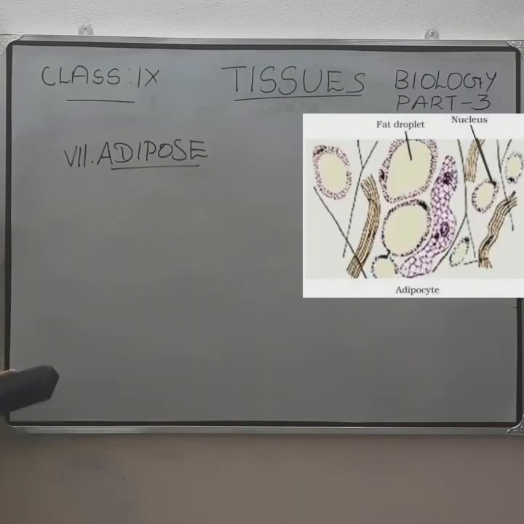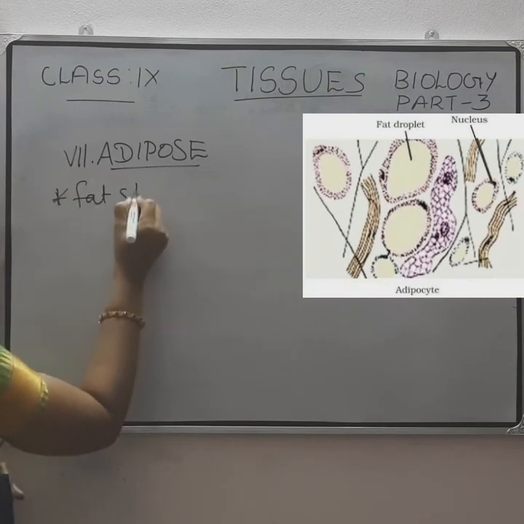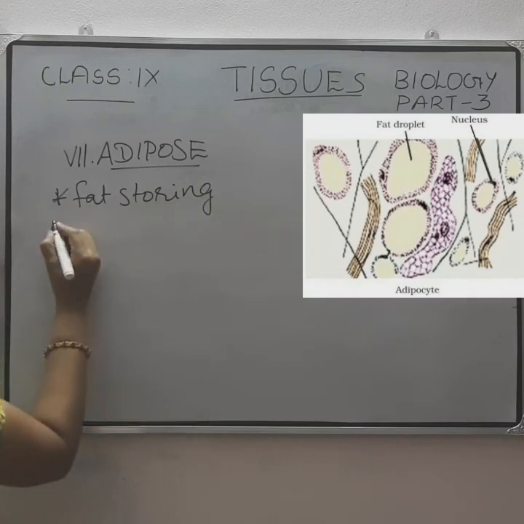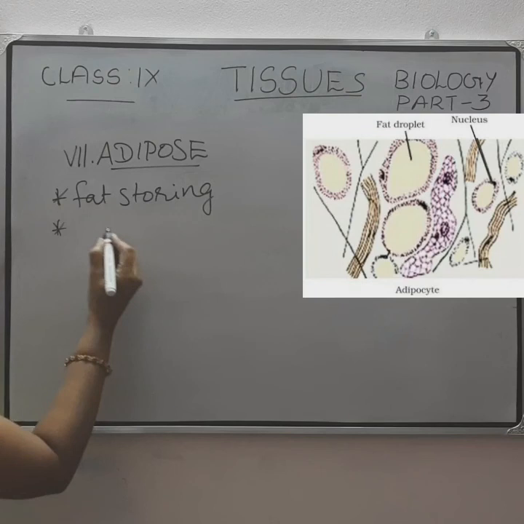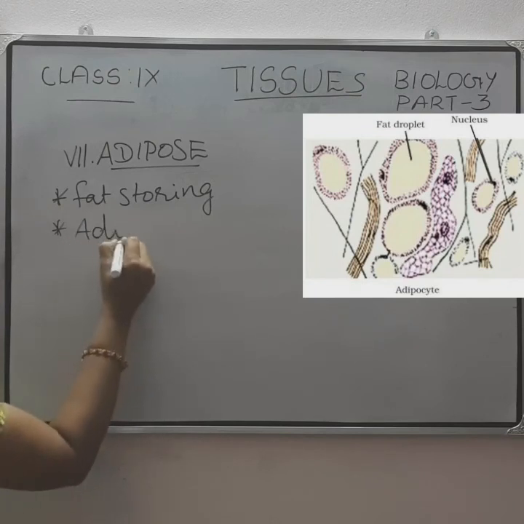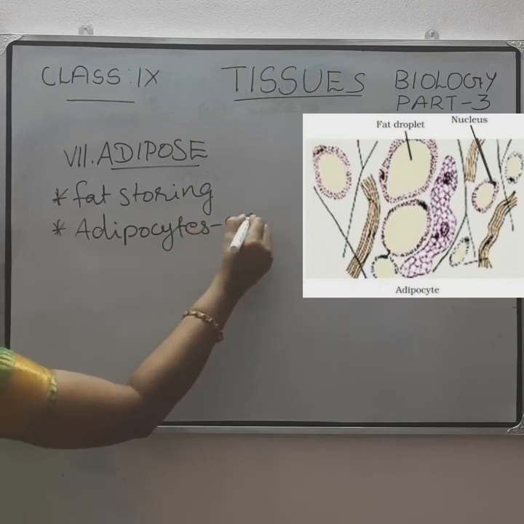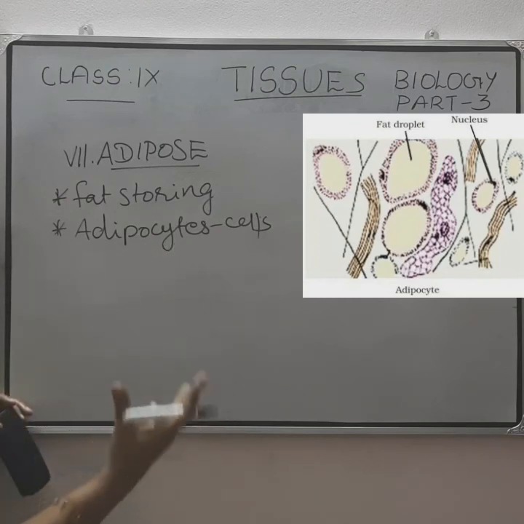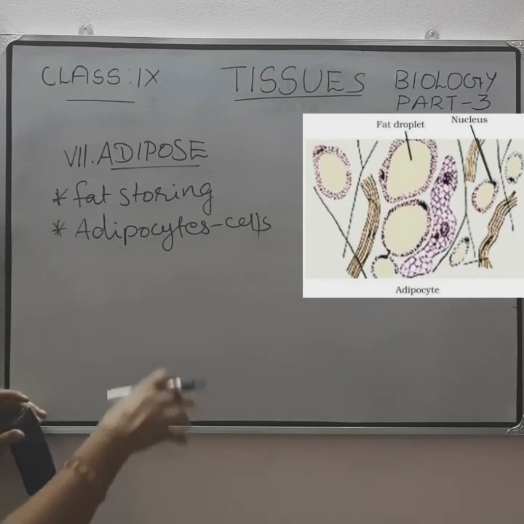This adipose tissue consists of fat storing tissues. And it consists of many cells, and those cells are called adipocytes. These are the cells present in this adipose tissue. These adipocytes store or contain fat globules.